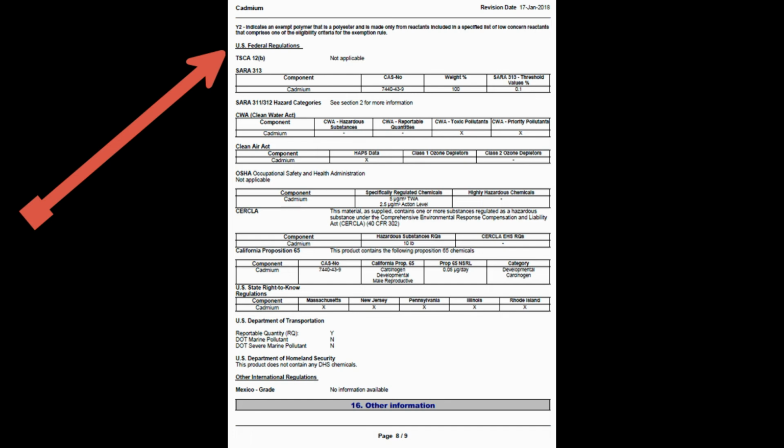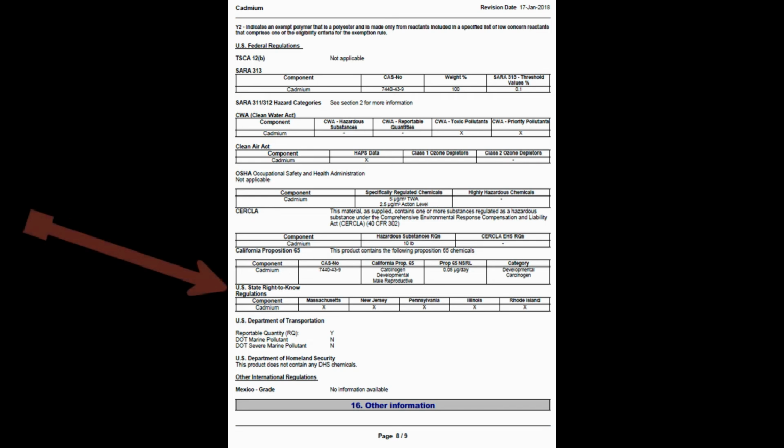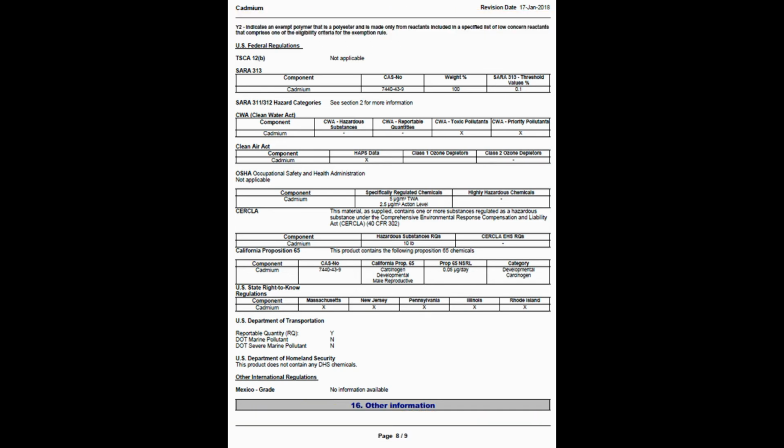We have our hazard categories, our Clean Water Act, our Clean Air Act, any OSHA standards that may or may not apply, California Prop 65, U.S. States Right to Know. This is where, if this product is known to be regulated by some agency, whether it's a state OSHA or regular OSHA or some other government entity's regulation, it should be listed here. Not always, but it should be listed here.